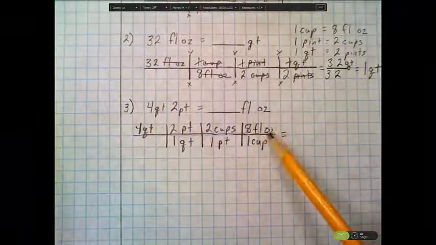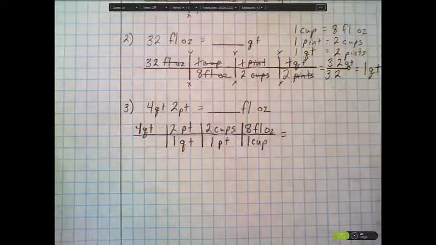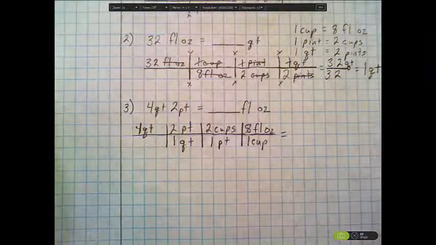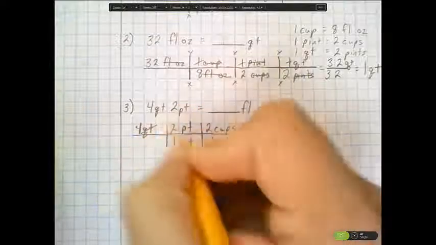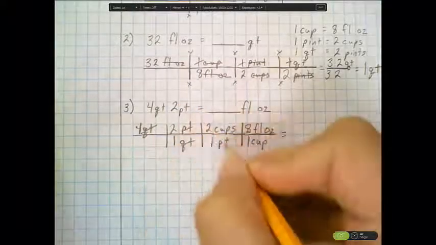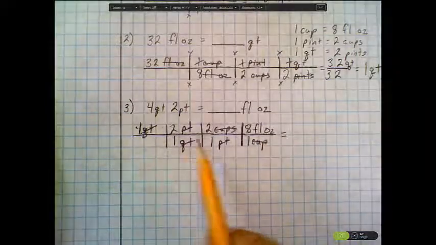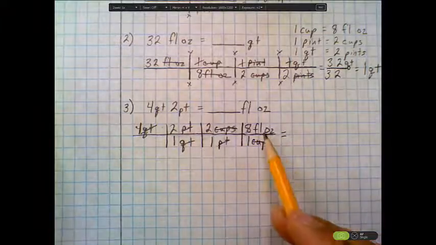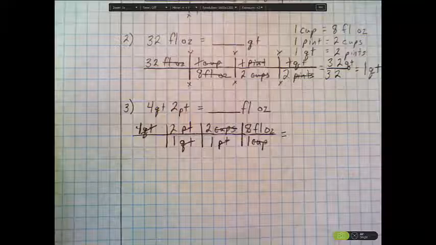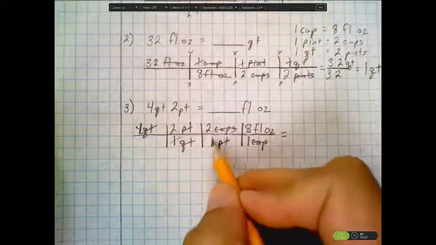So we wanted fluid ounces, we're ending in fluid ounces, so we can stop. We can cancel units. So the quarts cancel, the pints cancel, the cups cancel. We're left with fluid ounces. We can also get rid of the ones.